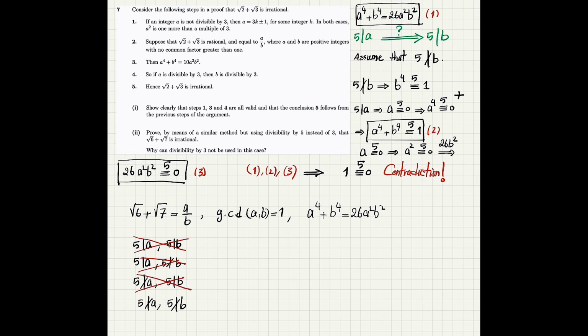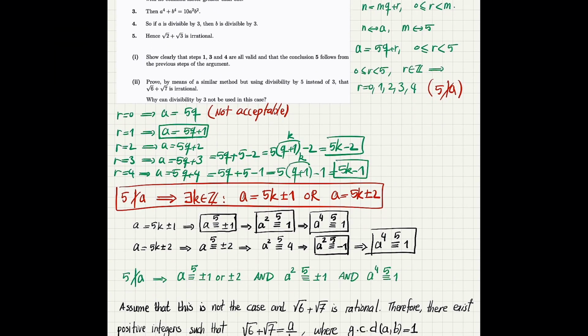And then there is only one thing left. I want to show that this last statement also is not working here. Why? The answer is simple. Okay, so if 5 does not divide A, let me go back to the previous page to show it for you.